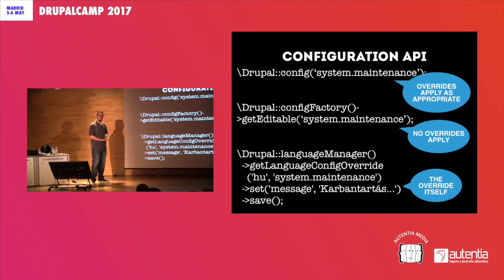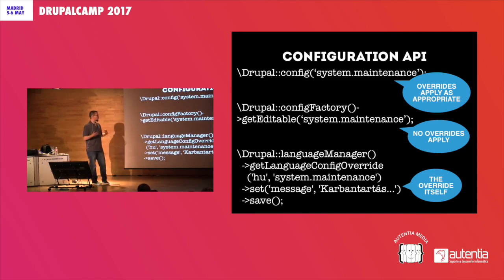This means that we want to get the original configuration, and you can edit it, because the Drupal config method will give you an immutable object, like you cannot modify. It's not an array, it's like a silly object that you cannot really perform any operations on. If you call getEditable, you will get an object that you can actually modify, and no overrides will apply. So in this case, you will see always the configuration in its original language.